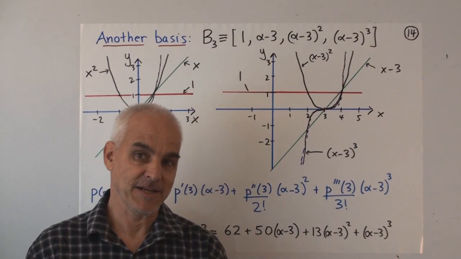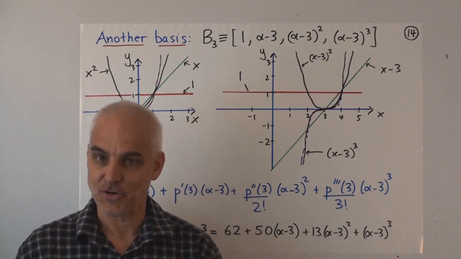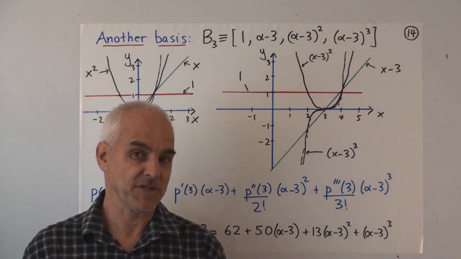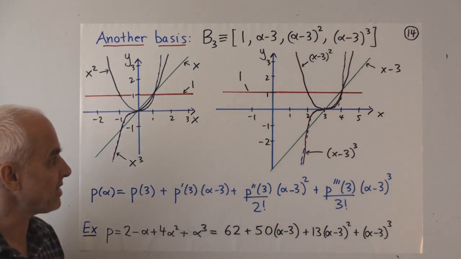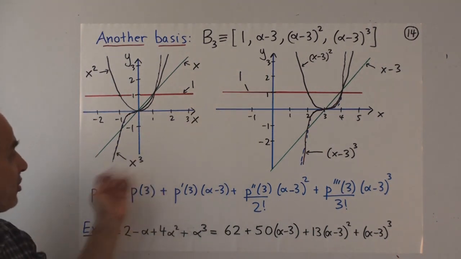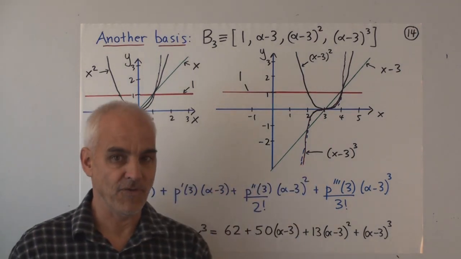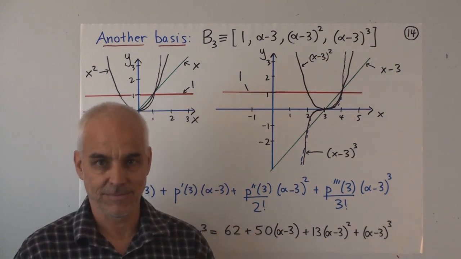Besides the standard basis and the factorial basis, often we are interested in other bases too. The space of polynomials is a rich space with lots of interesting bases. Another way of getting a nice basis that's connected already with what we've done is to take the standard basis and to move all of those functions over by, say, 3.